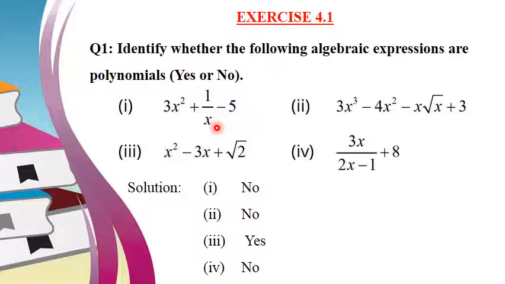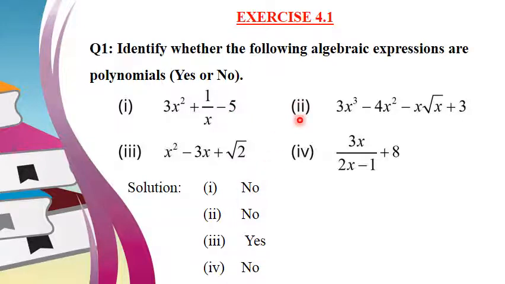When I am moving it to the numerator, it becomes -1, and it is not satisfying the definition of polynomial because in the polynomial all the exponents of the variables should be a positive number or a 0. So when it becomes a negative, it is not a polynomial.